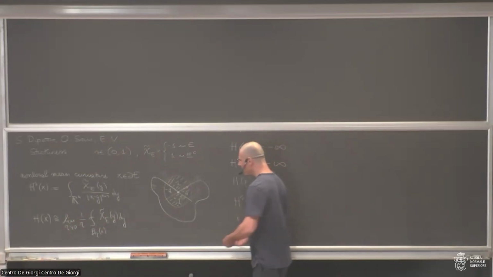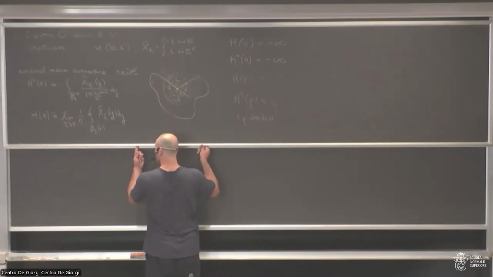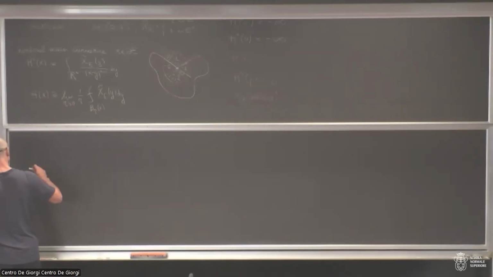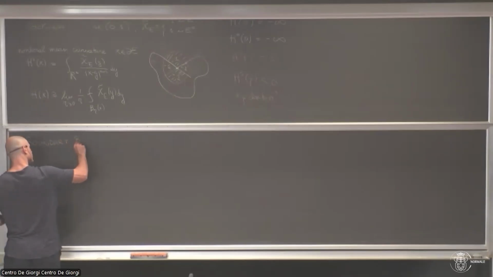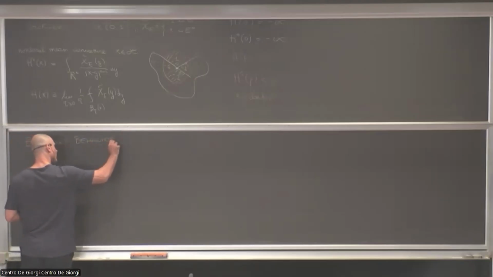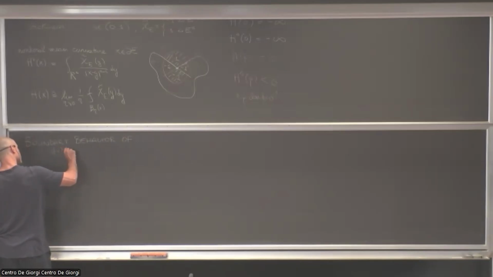Okay, so the question that I would like to present now is what happens at the boundary. Boundary behavior of non-local minimal surfaces.